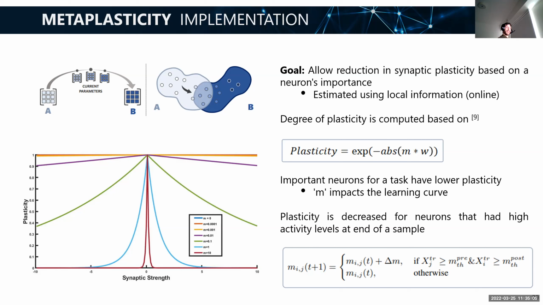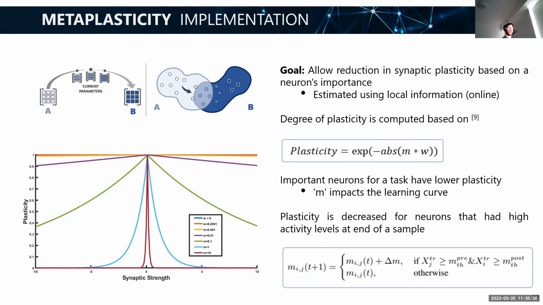It's not as ideal as being able to dynamically estimate importance and starting from smaller metaplastic states. So what we did was we said, how about we have a way where we can change this M value? Instead of a global value applied to the network, we can now increase M every time that synapse's pre- and postsynaptic neuron is active enough during a sample.